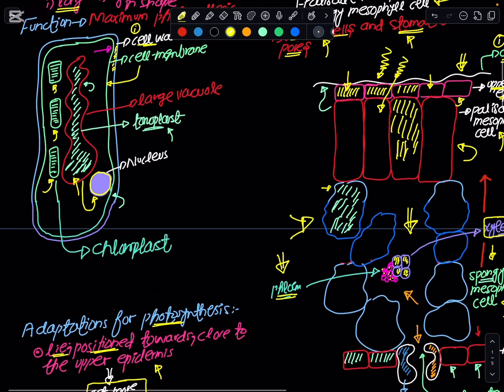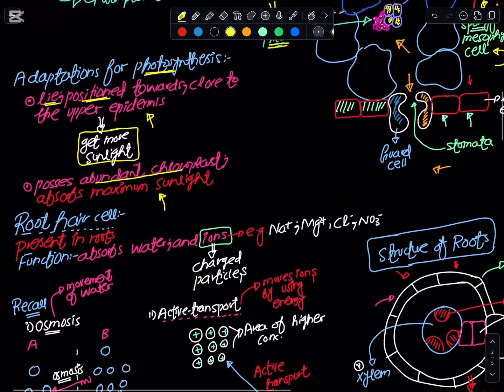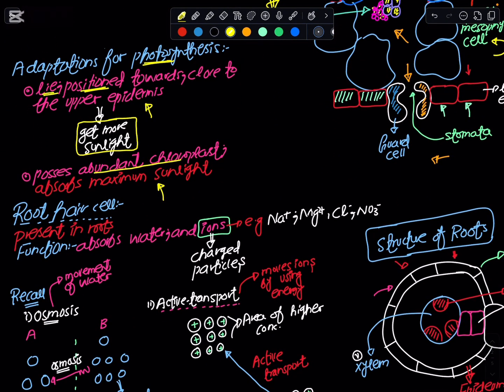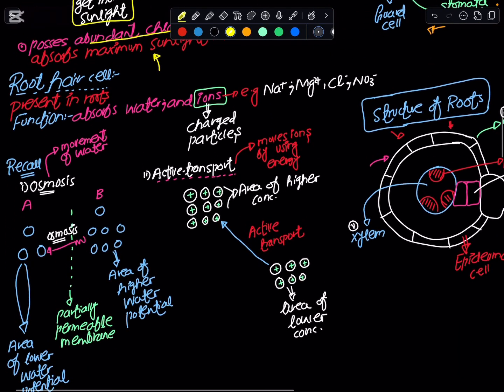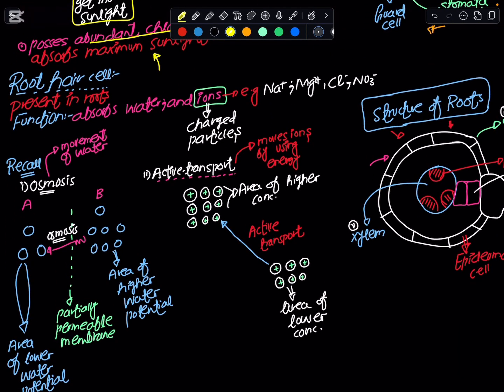The third feature is that these chloroplasts are aligned in a very appropriate, uniform manner, which would again enable them to absorb a lot of sunlight, and the sunlight absorption, we know, would be helpful for doing more photosynthesis.